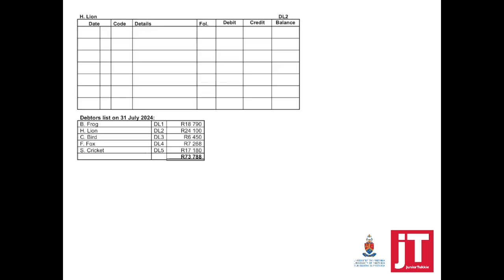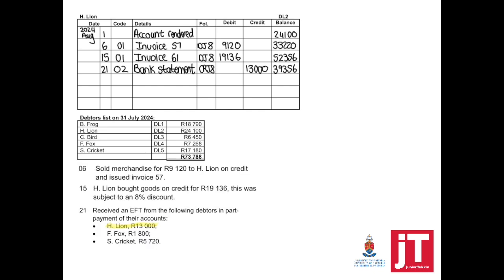So when we look at Lion, the same is going to be applied. We start with the account rendered on the first day of the month, and this is on the list of balances that were given to you. End of last month is the opening balance, the new month.